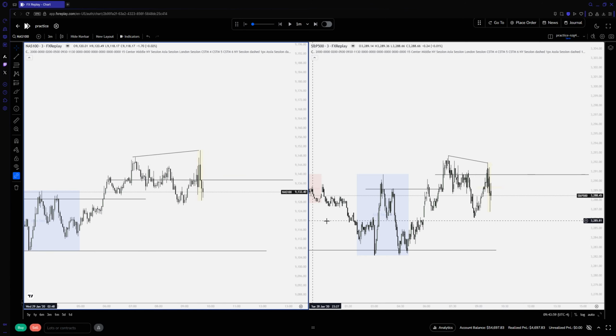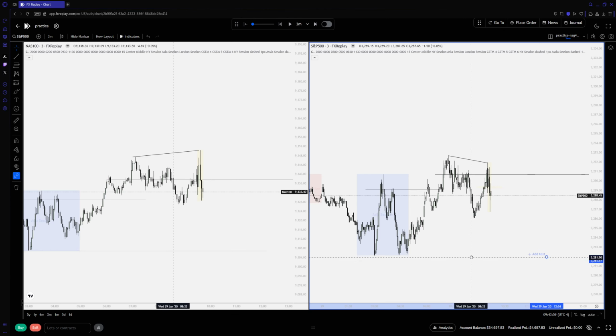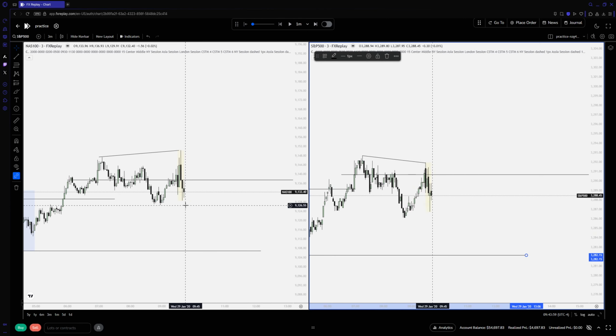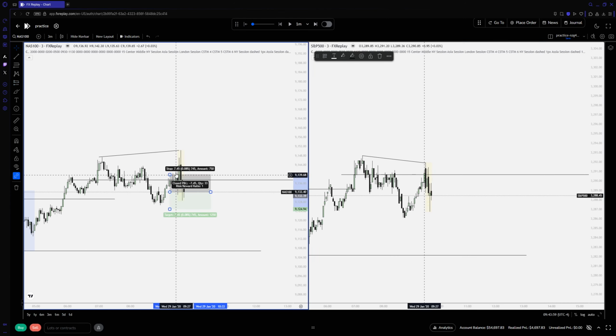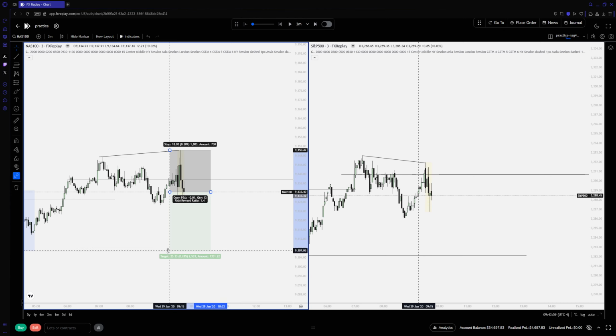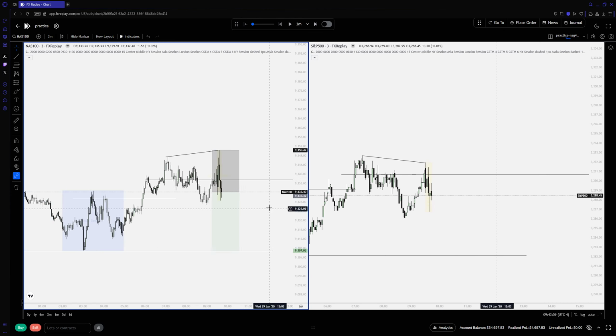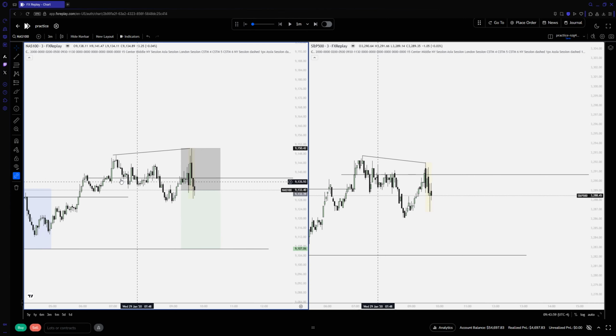I want to know which one is going to barrel the quickest to the target. This is a little bit hard for me to tell. I think I'm just going to take this trade on NASDAQ. So this is only giving me a 1.5 R type situation.